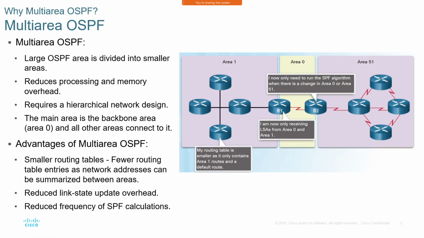With this, we have reduced link state updates as well, so it has less overhead. We also have reduced frequency of SPF calculations, because every other router outside of area 1 doesn't need to worry about specific networks; it only sees the summary, so it doesn't need to run the SPF algorithm for another route.